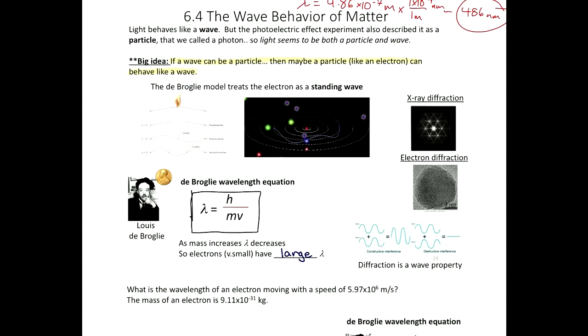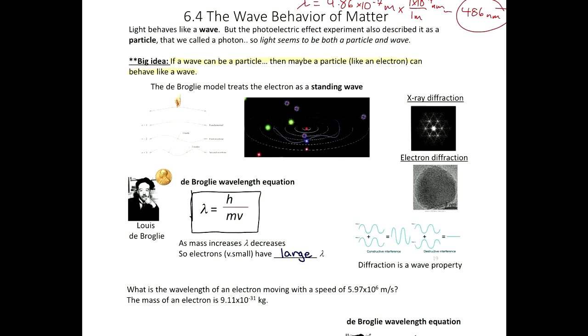So we talked about light. Light is a wave, but then we shortly introduced that light can be considered a particle, a photon. So a wave can be a particle. Is it that much of a jump to say particles can be waves?